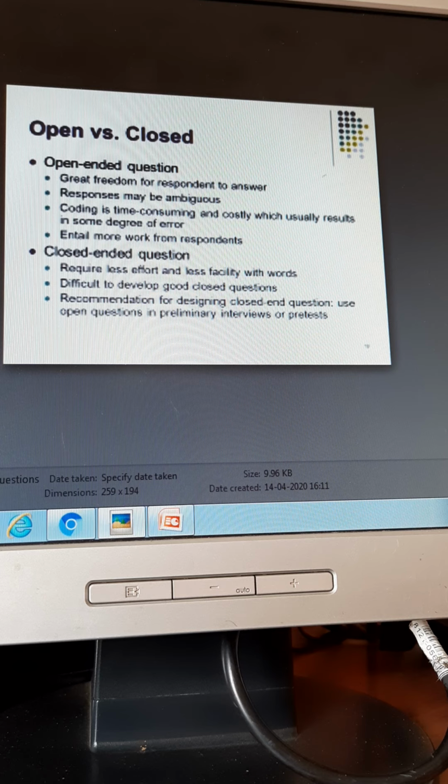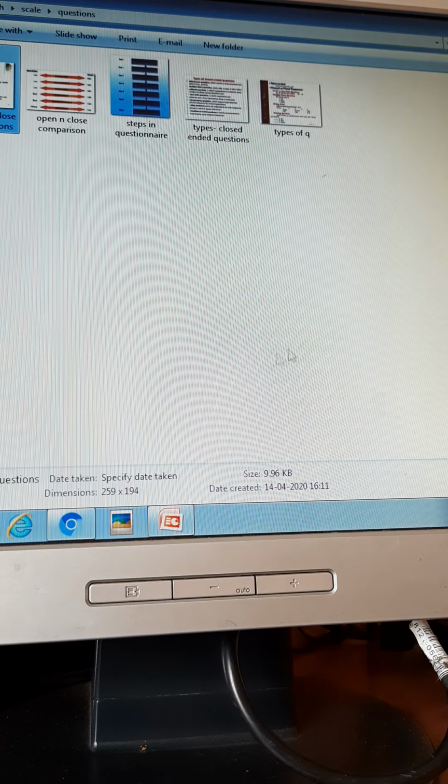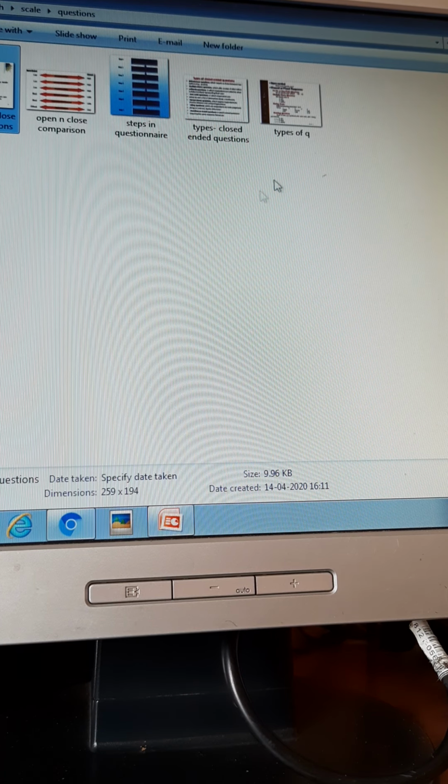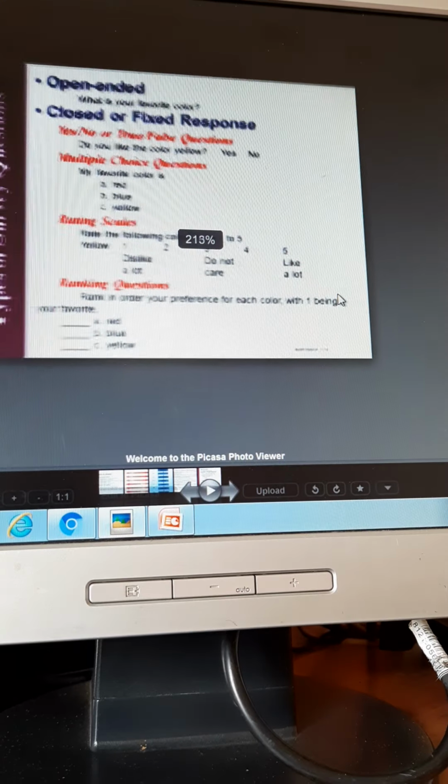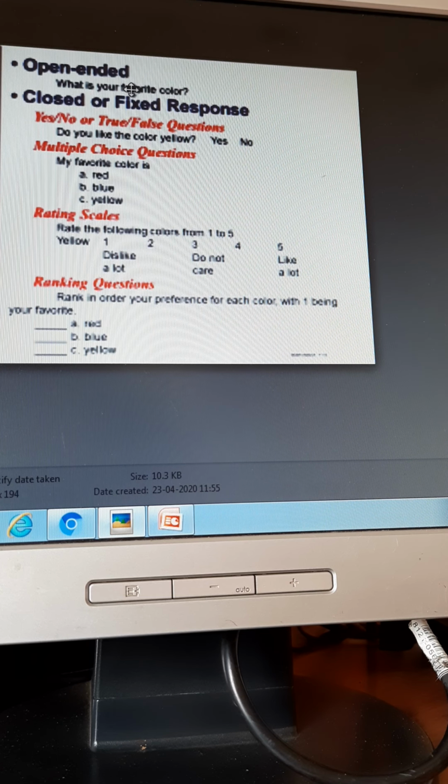This is one thing you should know about questions. Next important aspect: what are the various types of questions? Open-ended questions are used for interviews, for focus groups. Closed-ended questions can be yes or no, true or false, male or female.